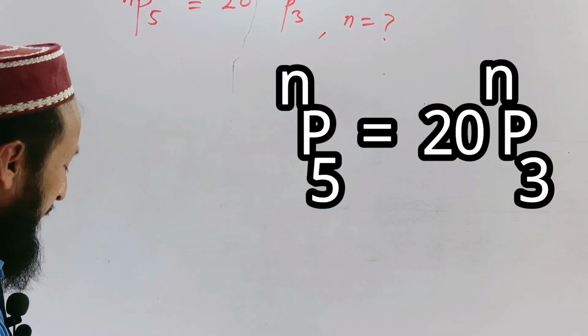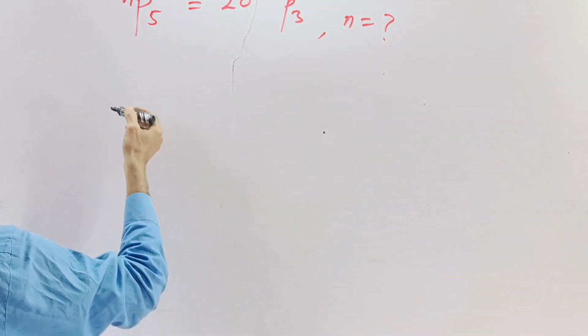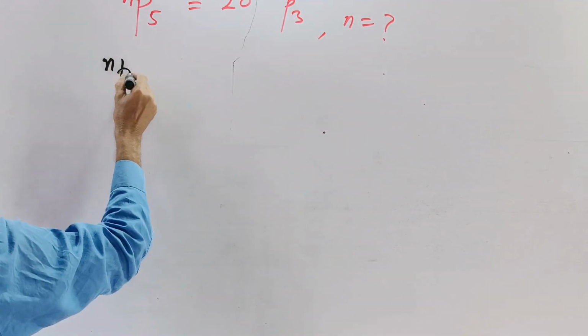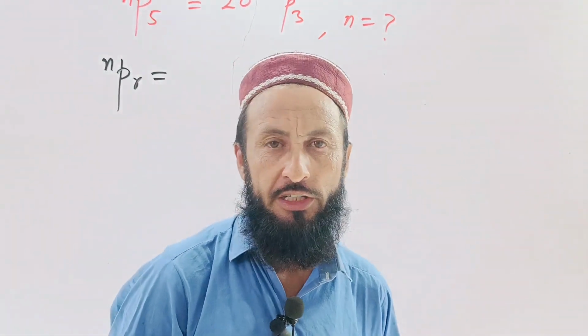According to the permutation and combination rules, we use the general form nPr. n is the total number of objects and r is the selected part from the total.